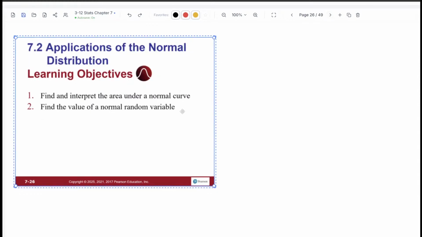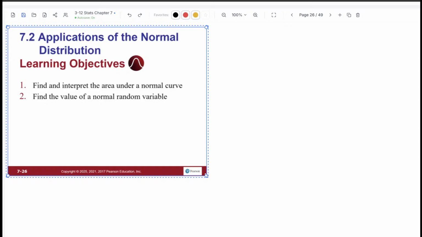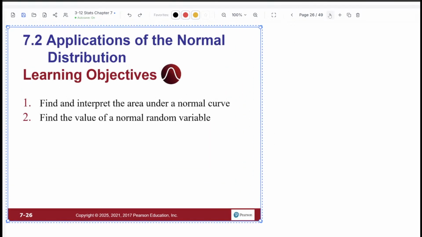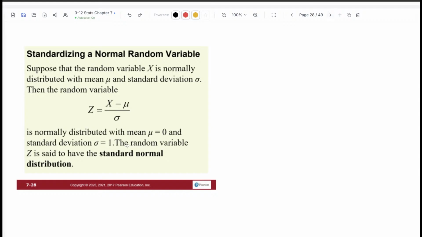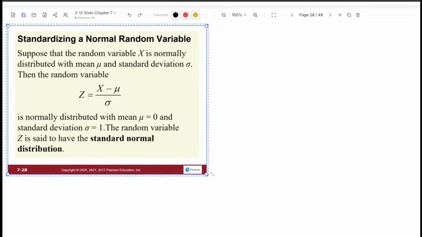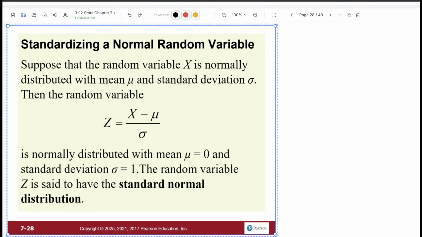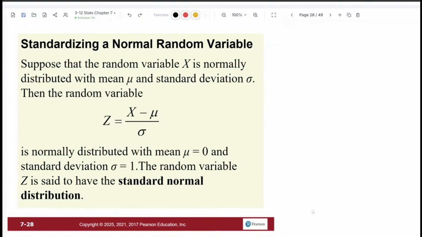All right. Now let's actually do some real problems. We talked about z-score before, briefly, and then I said we'll cover it again later.